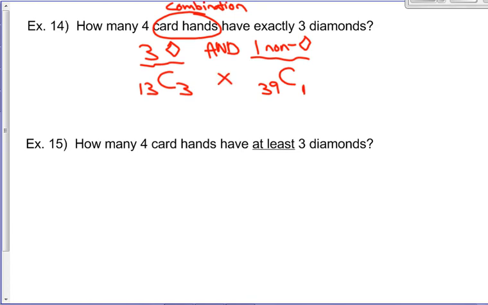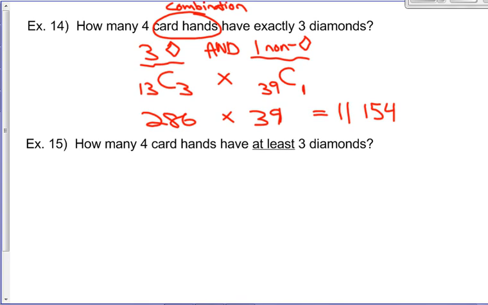And I need to multiply these two things together. If we go to the calculator, we'll get this is 286. The number of ways that you can choose one card from 39 is 39. 39C1 is going to be just 39. Multiply them together, and we get 11,154.